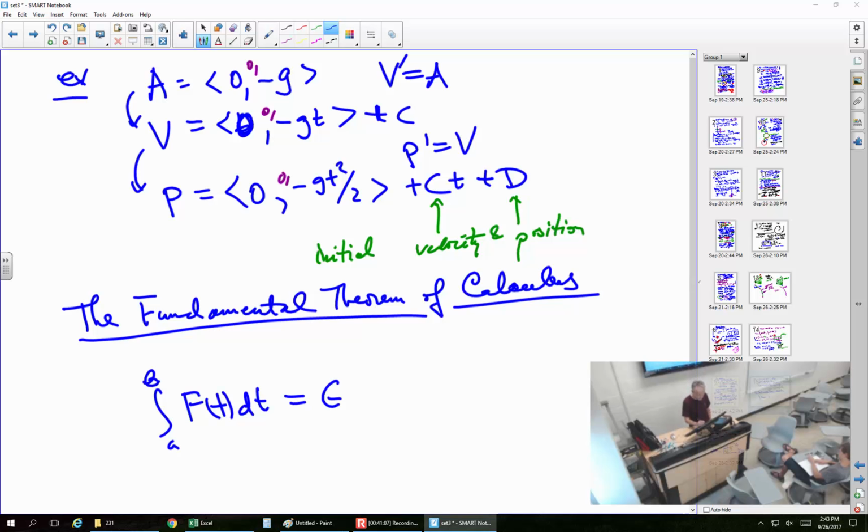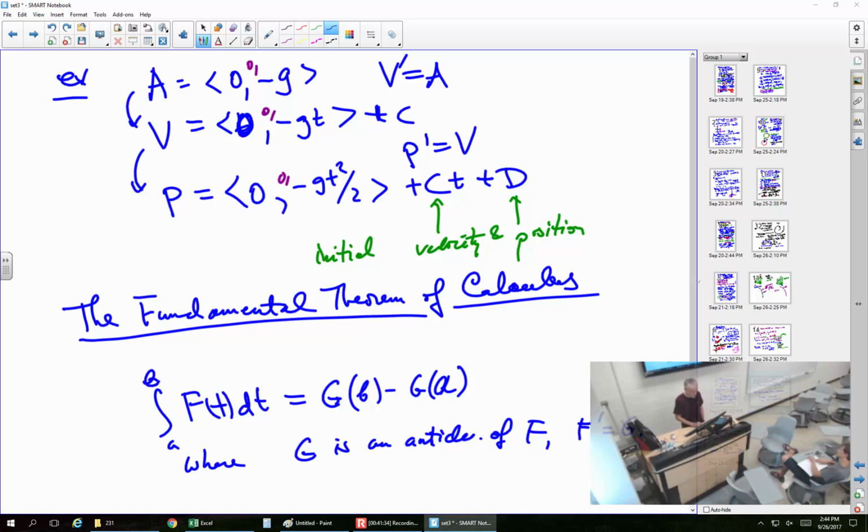So I put G(B) minus G(A), where G is any antiderivative of F. In other words, simply F prime is equal to G.